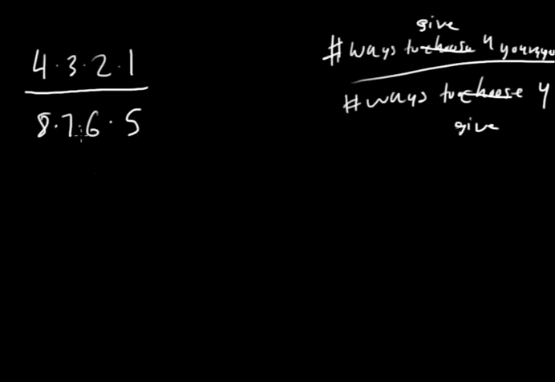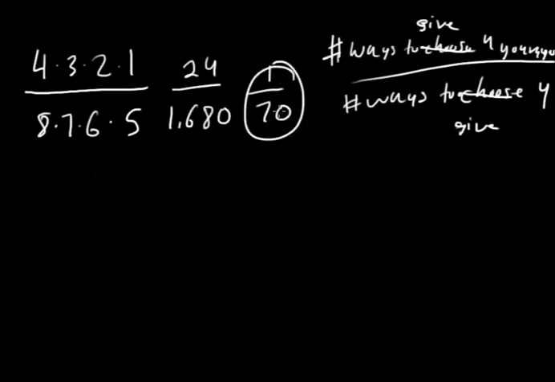Okay, so after this you've given away 4 tickets, and that's all you have. So this will equal 24, and this will equal 1680, and basically that will reduce down to 1 over 70, and that is the probability that the 4 youngest kids are given tickets done through permutations.